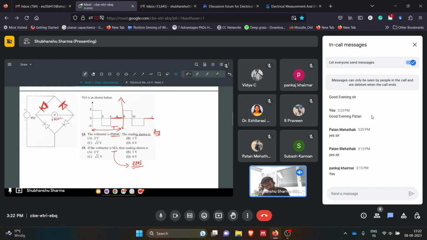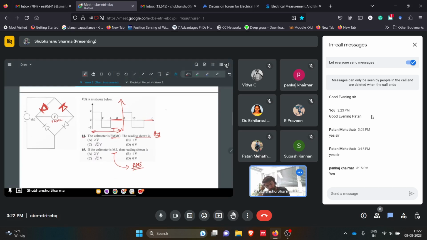For average value, the formula is 1 upon time period, which is 8 in this case, integration over 0 to 2 for the first wave 2 dt plus 2 to 4 of minus 2 dt plus 0. So this will be 0, because these will have the same and opposite values. So this is 0 volts.